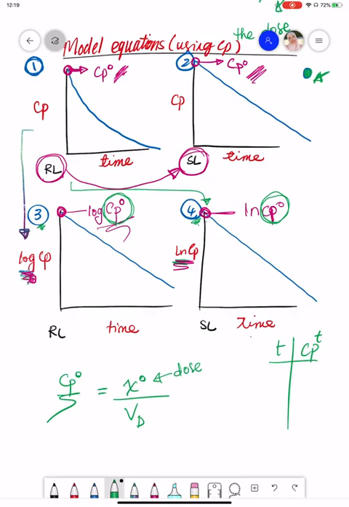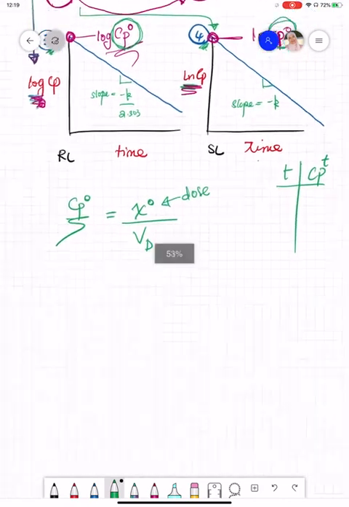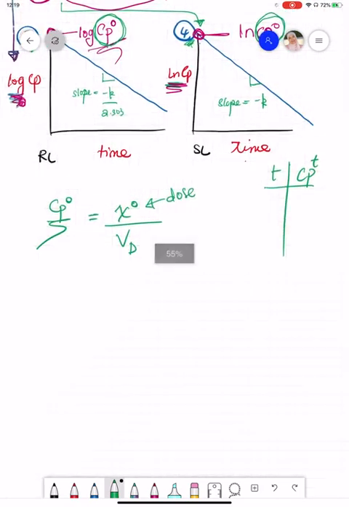I will explain this in a minute, to understand why we call it apparent. We also have a difference in the slopes: the slope here will be minus k over 2.303, and the slope here will be minus k, because of the differences in the transformation of the y-axis.